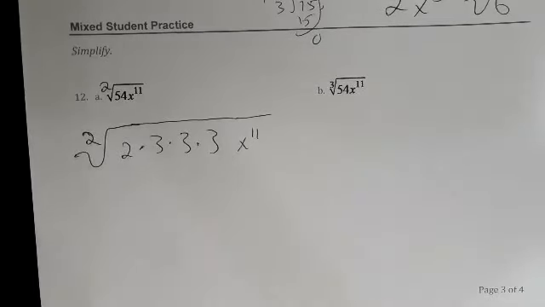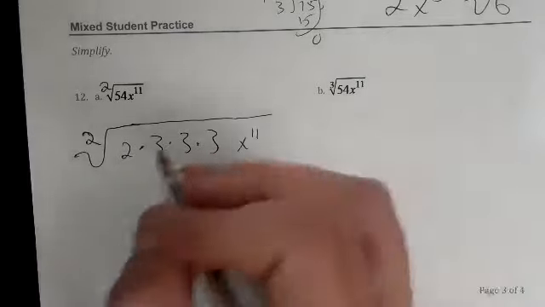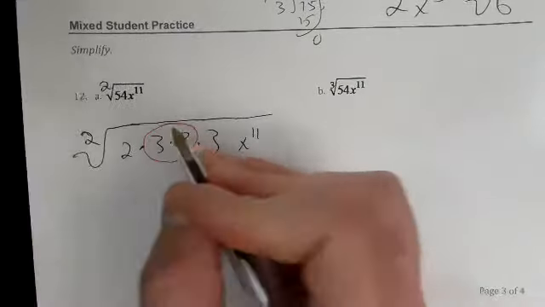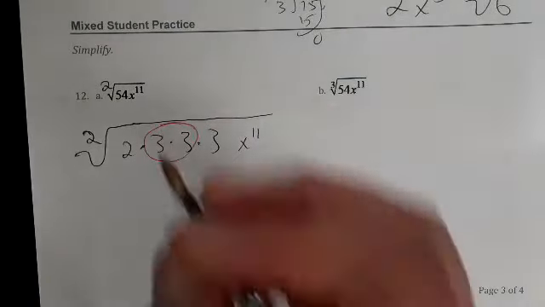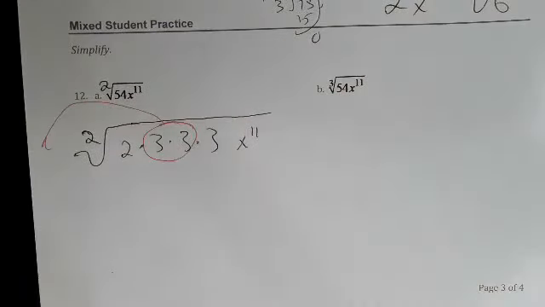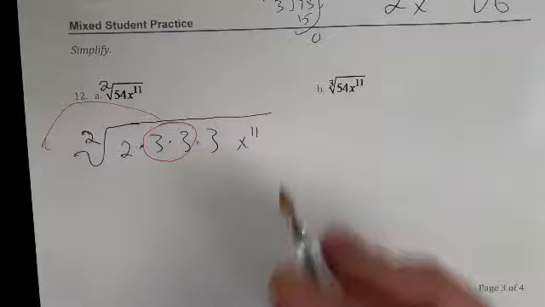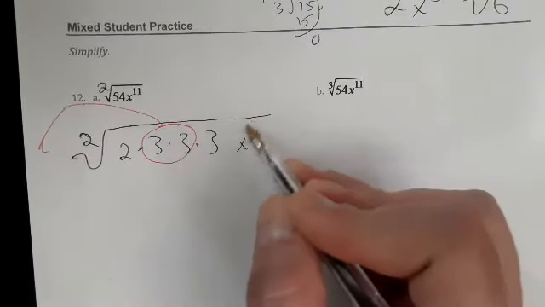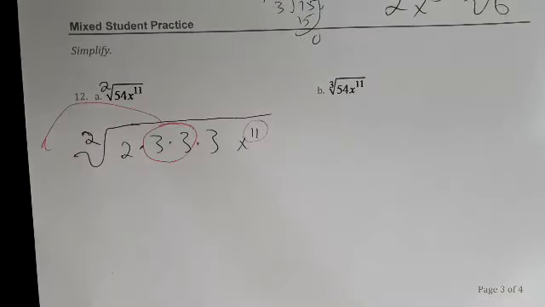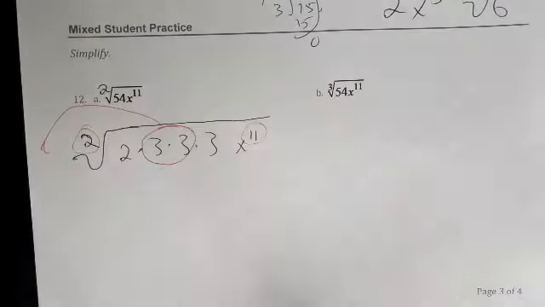So for this thing, what is my approach to square roots? I want to circle groups of 2. So groups of 2 are going to come out as 1. And the other thing is I have this x to the 11 to worry about. When I'm doing square roots, I'm going to divide 11 by 2.